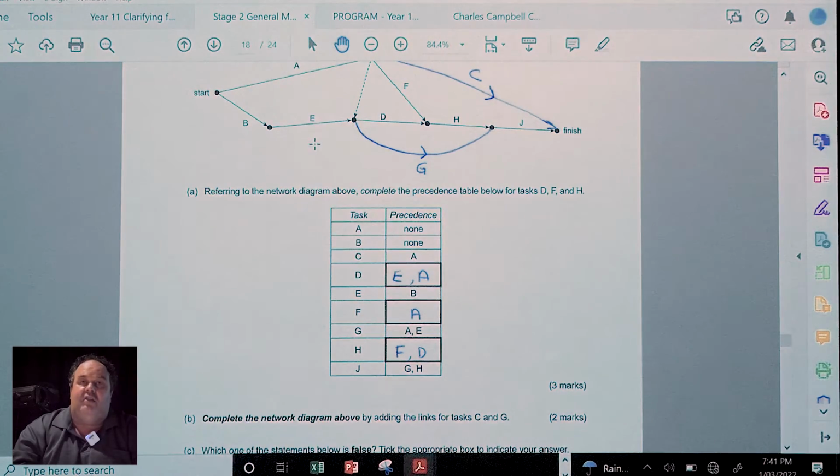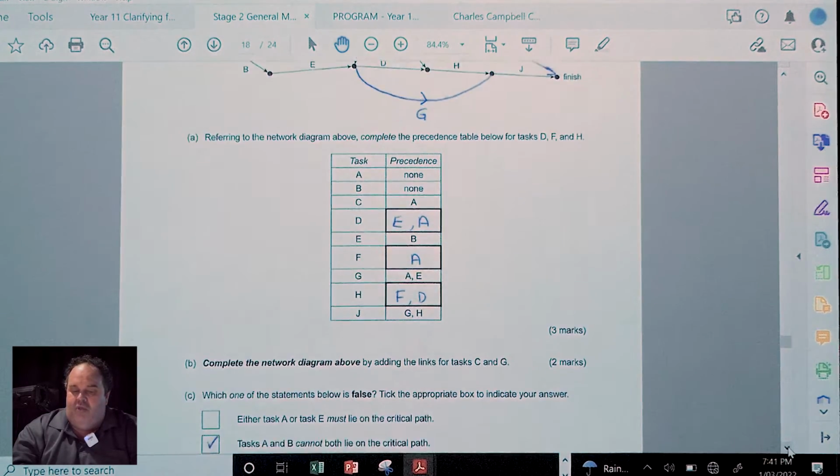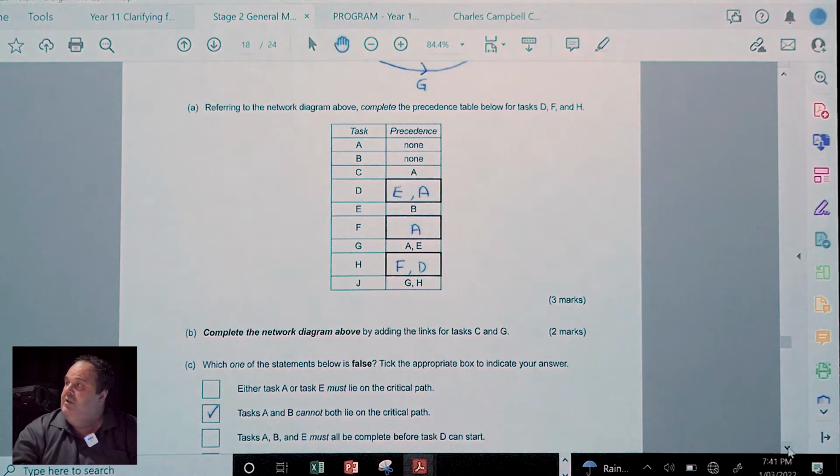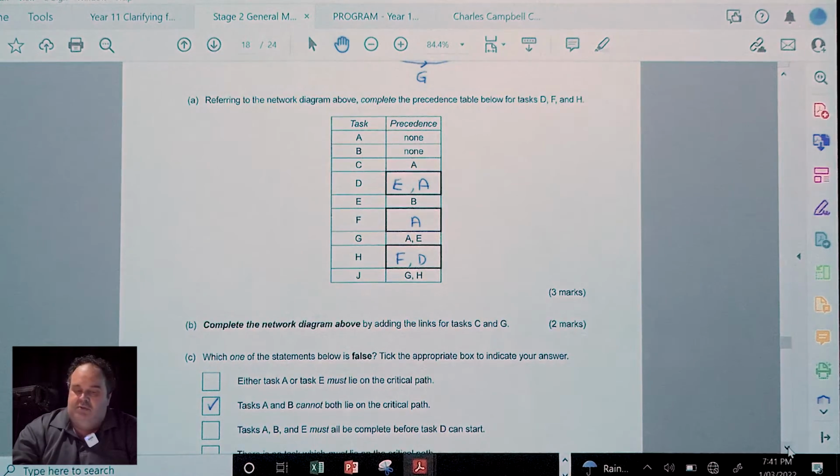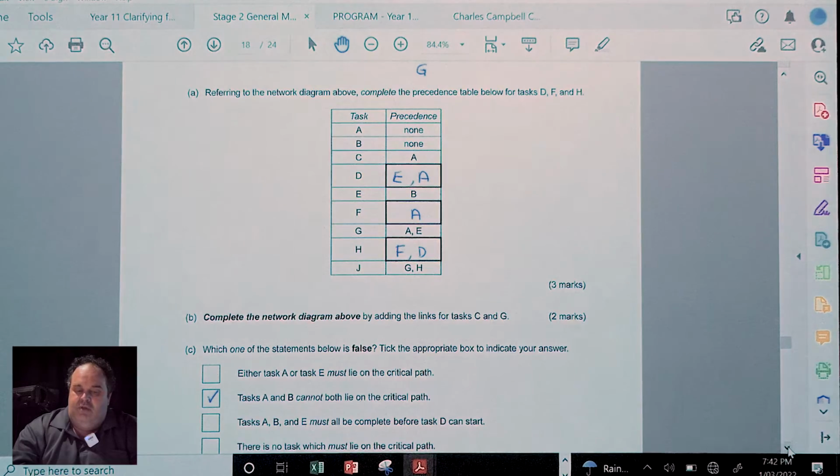So if they selected the first one, it was marked wrong. I think the word or means it's either that one or that one. It's not false. I could be wrong, but that's what I think.